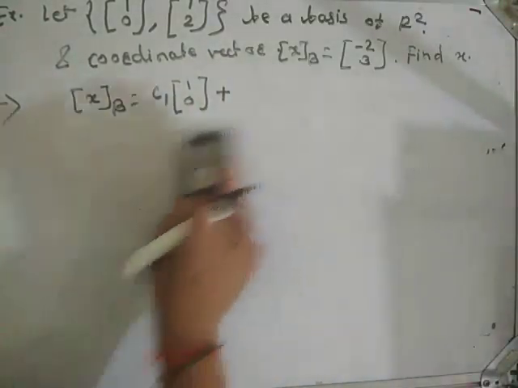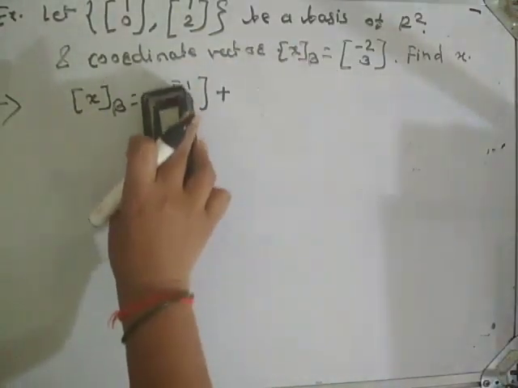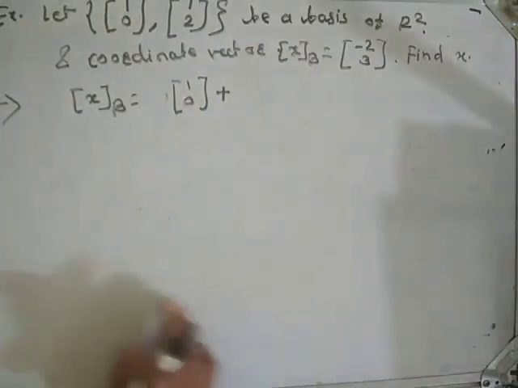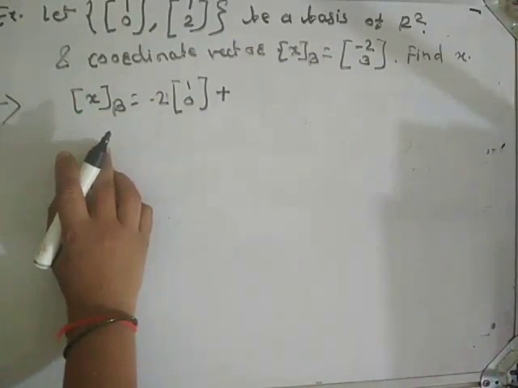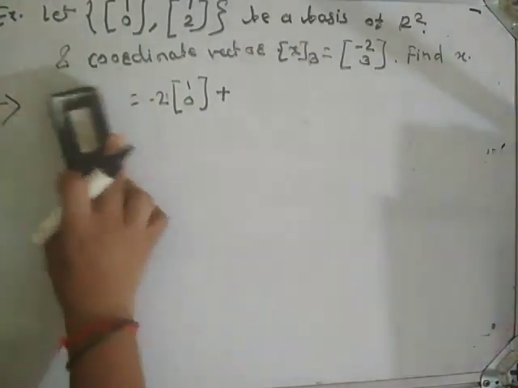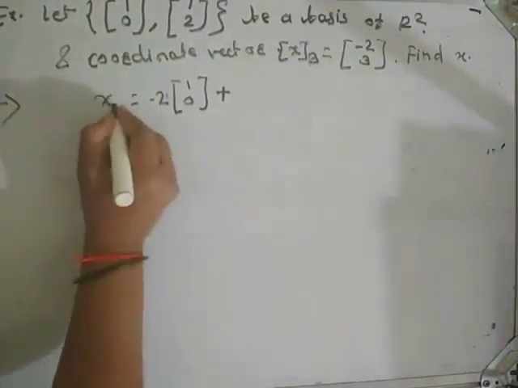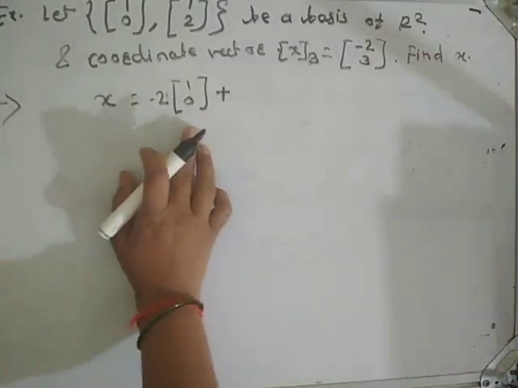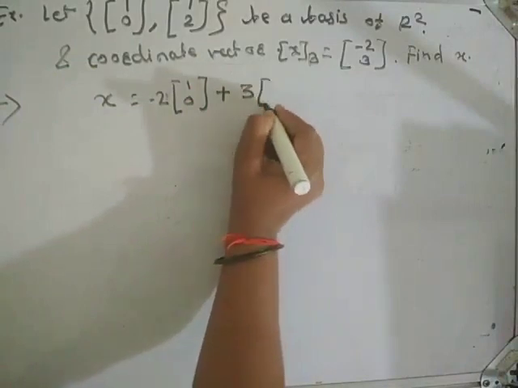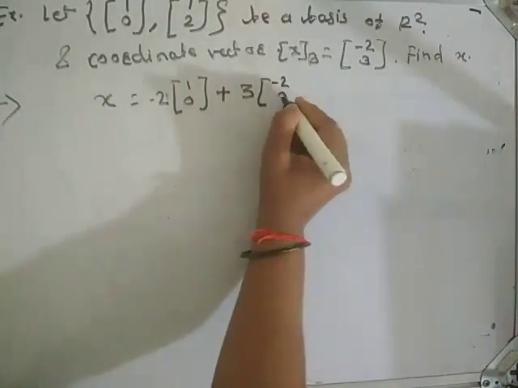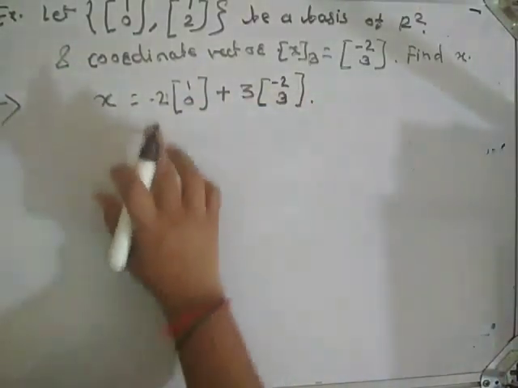Actually we have been given the coordinate vector of X relative to the basis B. So X can be written as -2 into matrix 1 0 plus 3 into the matrix 1 2. Okay.